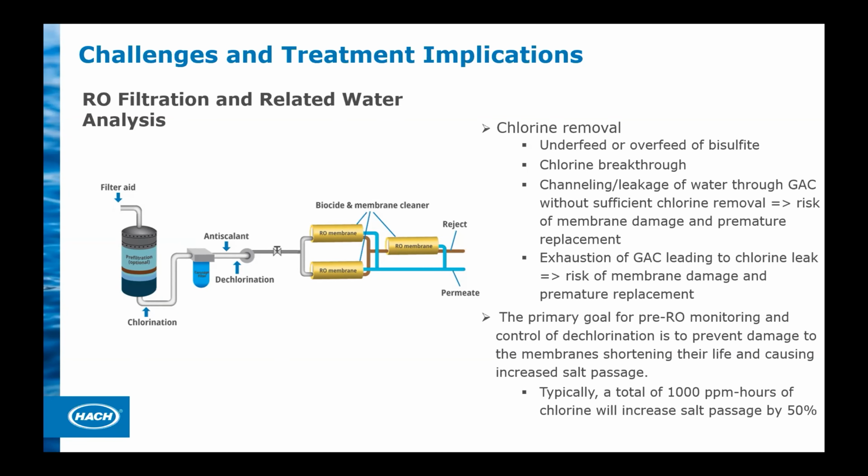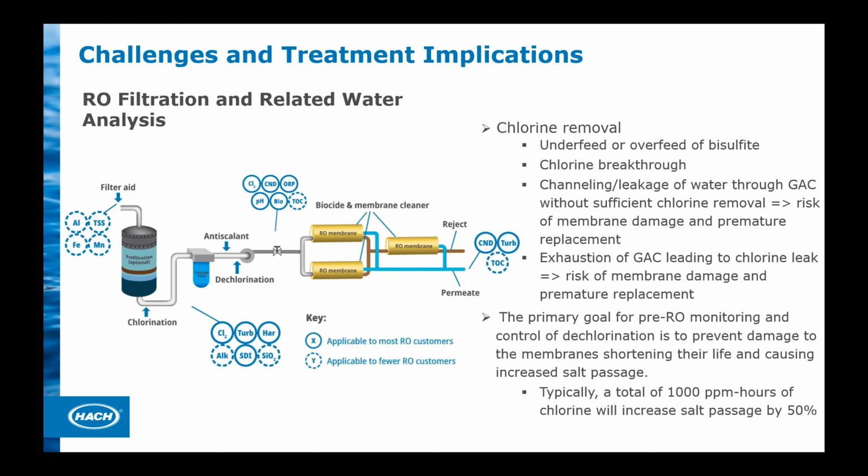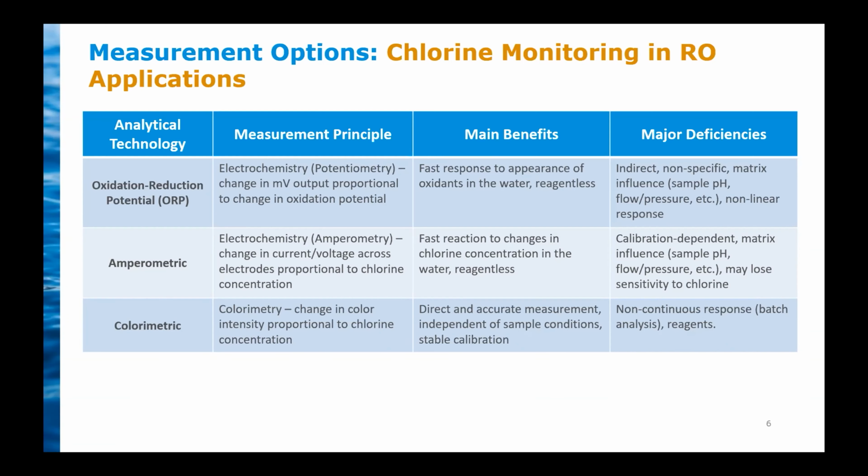But the overfeed of sulfite can lead to extra chemical costs, and it can also lead to anaerobic biofouling. And again, here the monitoring and control of chlorination and dechlorination is the primary goal to prevent damage to the membranes. And as I just activated with the animation, you can also see the main parameters to monitor for efficient process control. What options do we have to monitor chlorine?